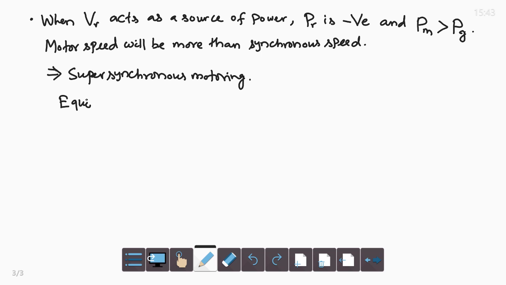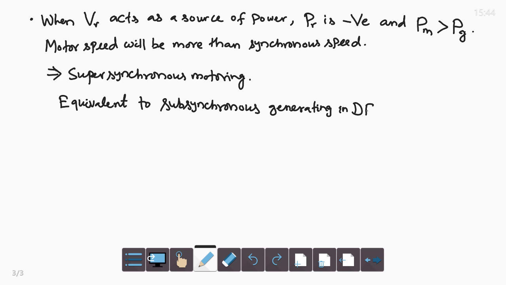This super synchronous motoring is equivalent to sub synchronous generating in a doubly fed induction generator.